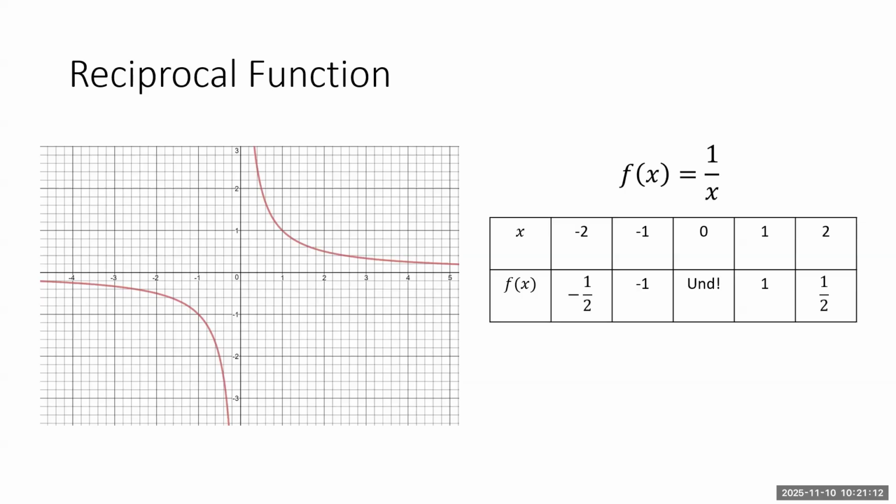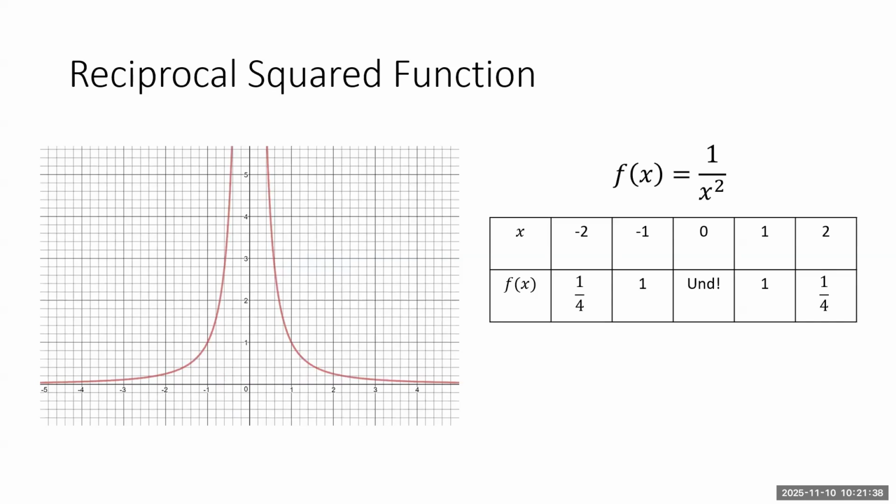I have a table with 2 rows, x and f of x. In the x row, I have -2, -1, 0, 1, and 2. In the f of x row, I have -1/2, -1, UND, which stands for undefined, and that has an exclamation point, 1 and 1/2.